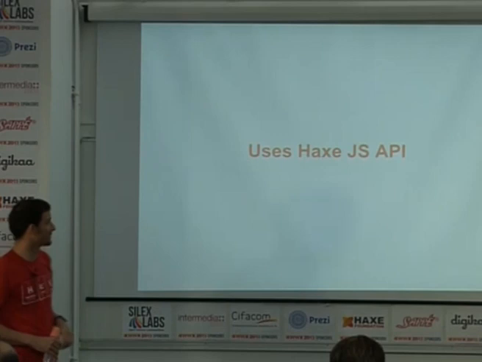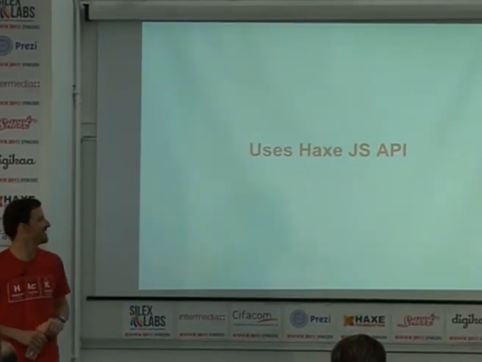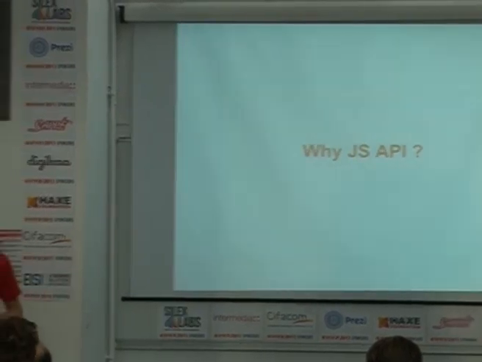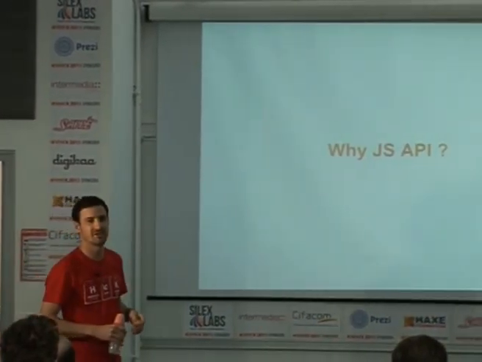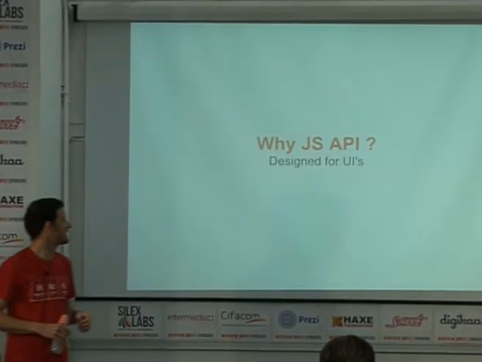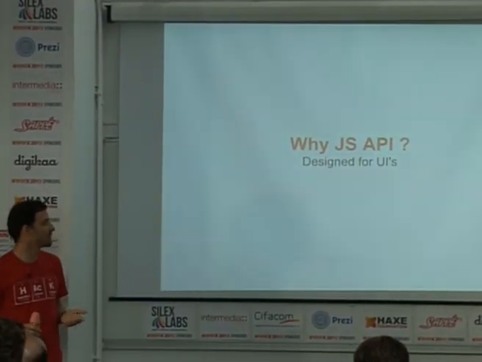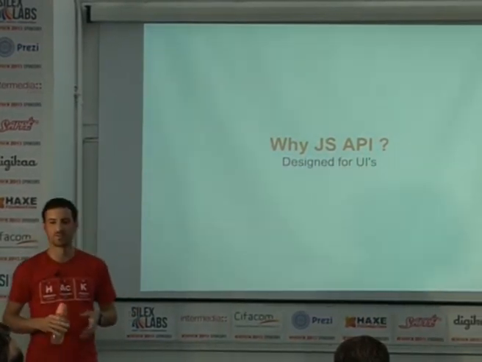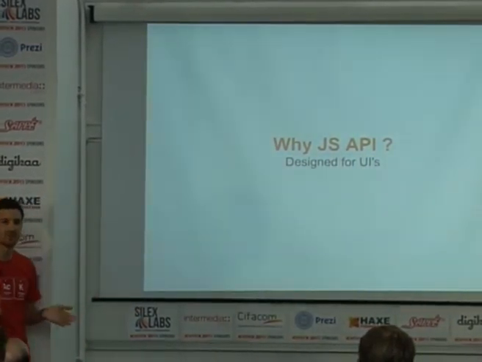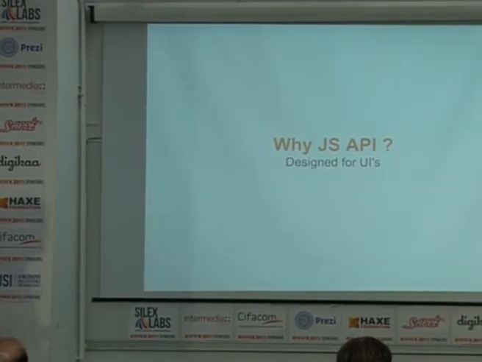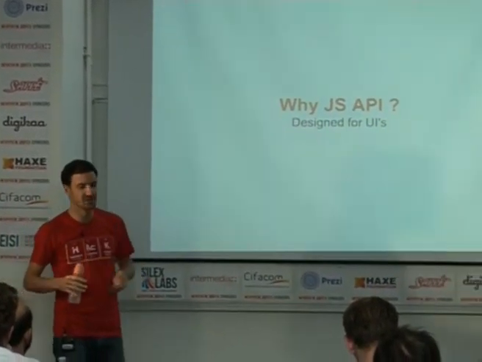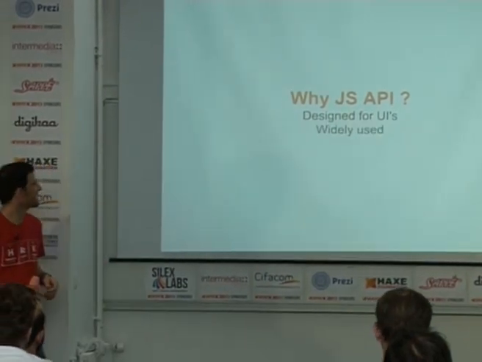So it uses, as I told you, the Haxe JS API. And why JS APIs? It's a simple question, because most of the people in the Haxe community are using the Flash API. We think the JS API is more designed for UIs, so the good concepts of CSS, for instance, to make an application or website responsive, can easily be used by designers to do things which can be tricky to do by programming.